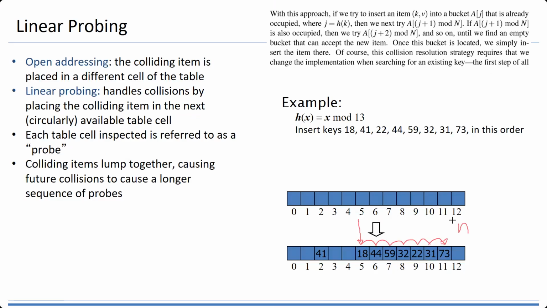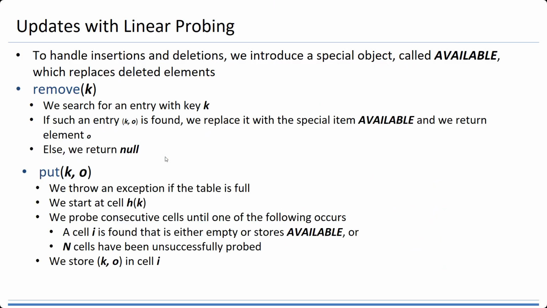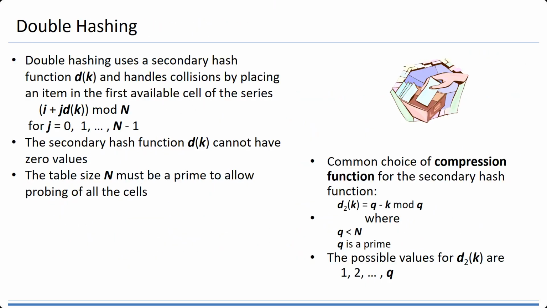So we want to avoid n time. Therefore, there is another way to handle this collision problem: double hashing.